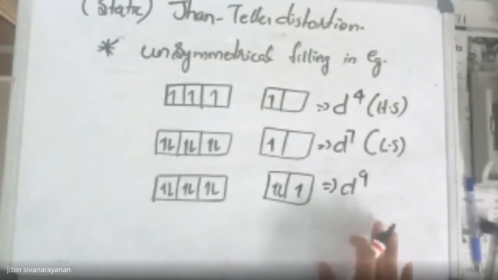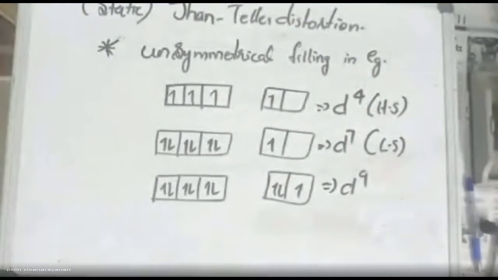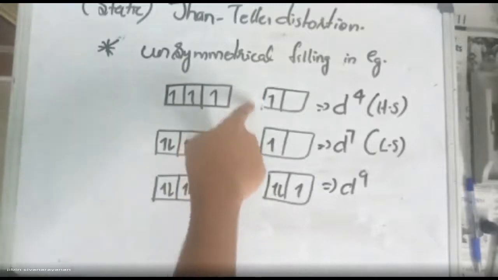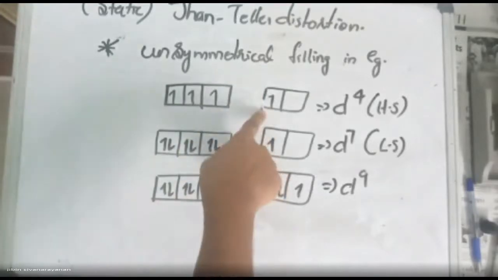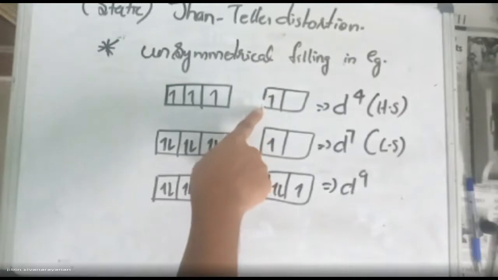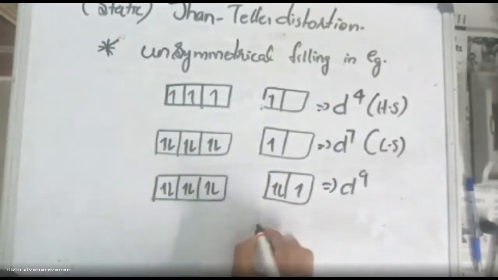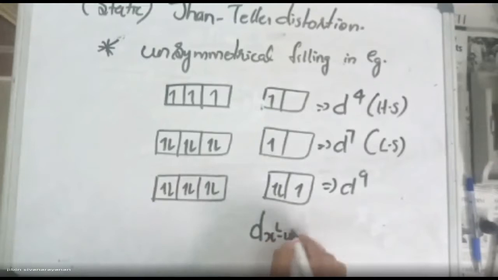For d9 only, this is the possible way. So this is the unsymmetrical filling in the eg orbitals, that is, the orbitals present along the axis. So I am writing here this electron in the first orbital. Now I am considering the first orbital as dx²-y² and the second orbital as dz².